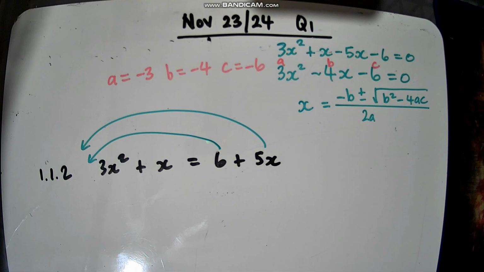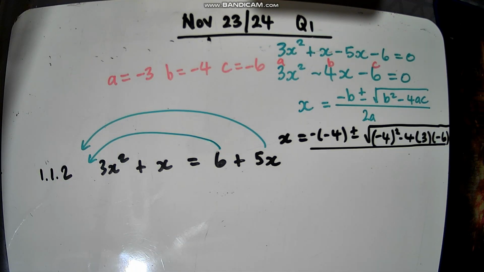Then we're going to substitute into the formula with brackets. So b is minus 4. Notice that the formula itself has a negative in front. So there is the negative in front, b is minus 4, plus or minus the square root of minus 4 squared, which is b squared, in the formula. a is 3 and c is minus 6.